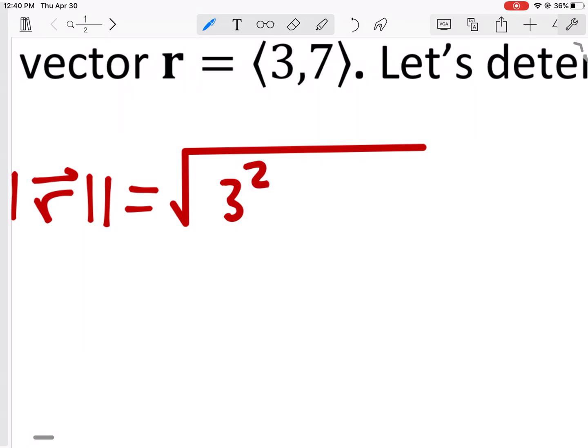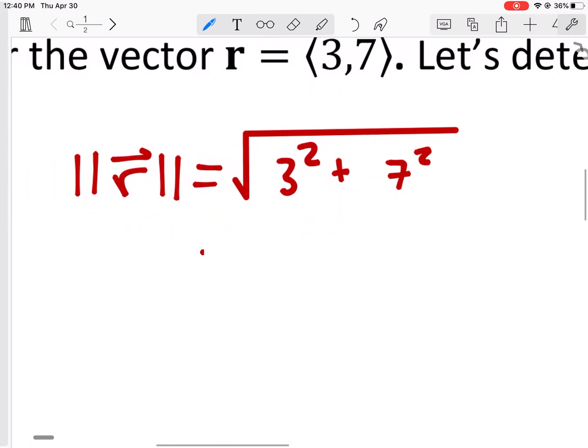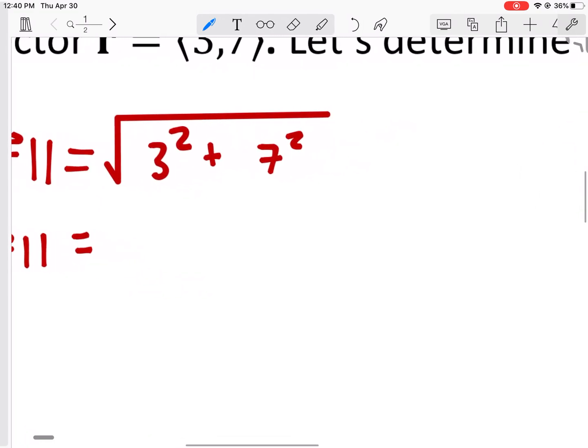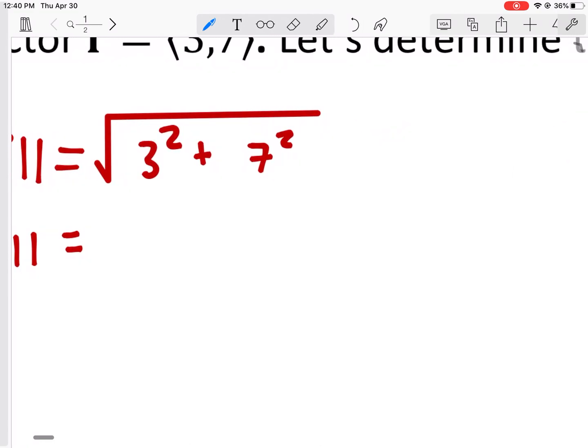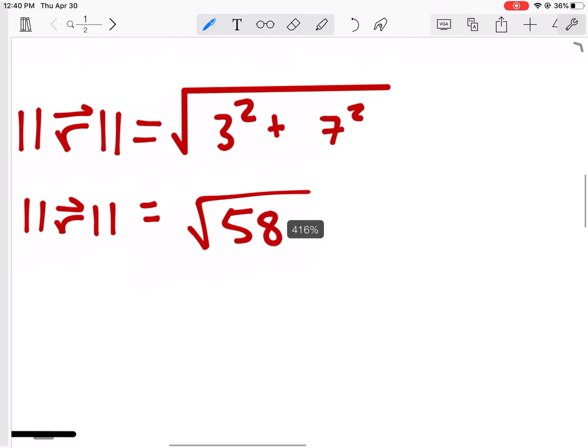So 3 squared plus 7 squared. So the magnitude would then just be equal to, well, 3 squared is 9, 7 squared is 49. Add those together and you get a sum of 58.